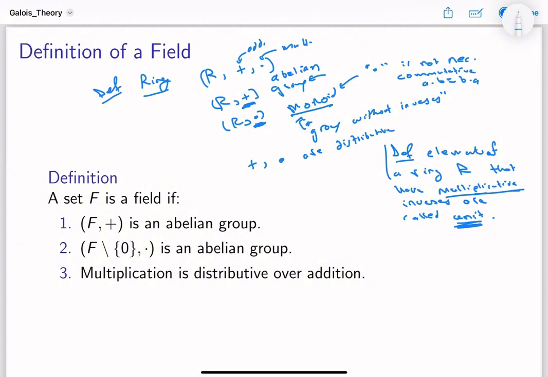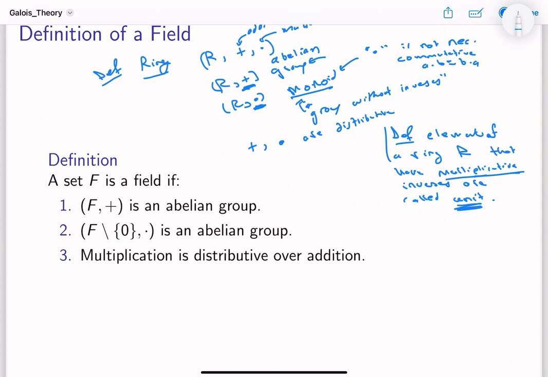Alright, so let us start by defining what a field is, and we'll be giving some examples. If we want to define what a field is in simple terms, well, a field F is just an abelian group. So it's a ring to start with. A field is a ring, so F is a ring, and which means it has two operations, addition and multiplication.